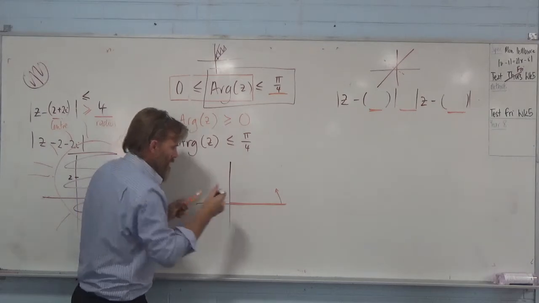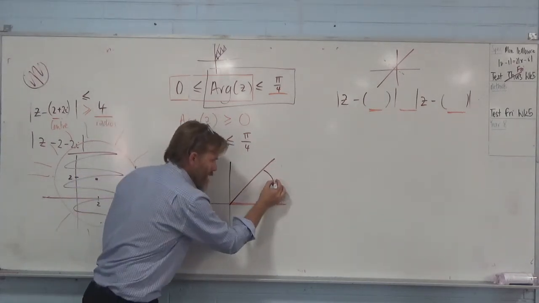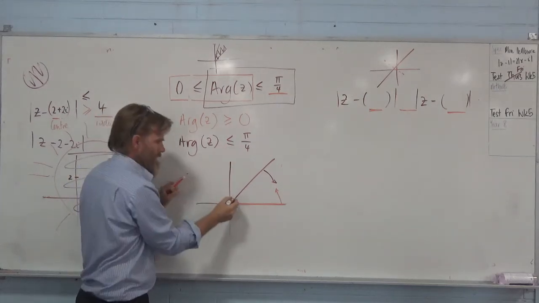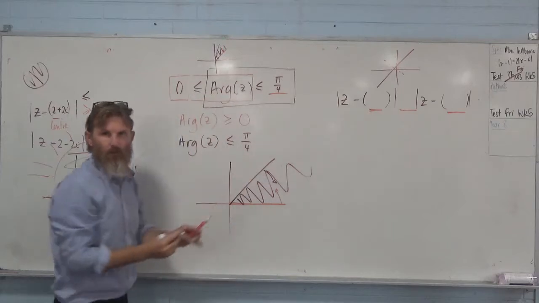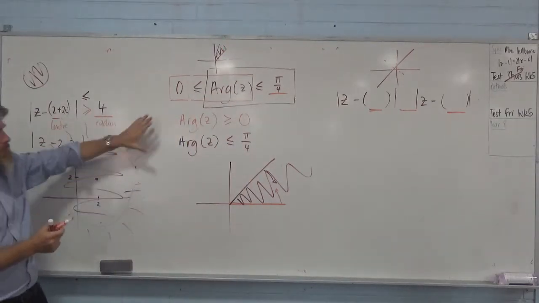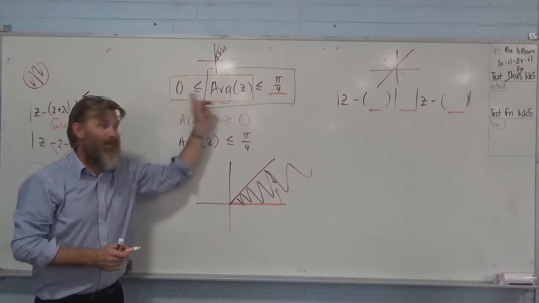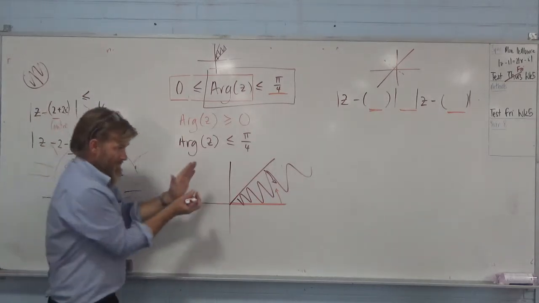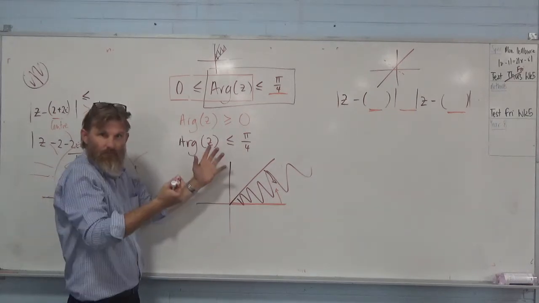Pi on 4 is going to be there, and I want things on that side of it, less than. So the answer really is just onwards forever. That's the section that fits both of these. And really, whatever we put in here doesn't make it any more difficult because it's just some wedge shape starting there. That's it.